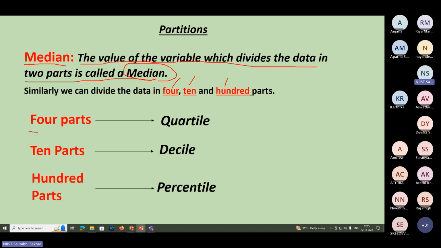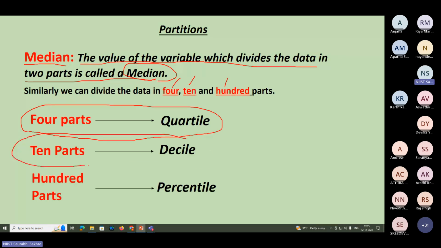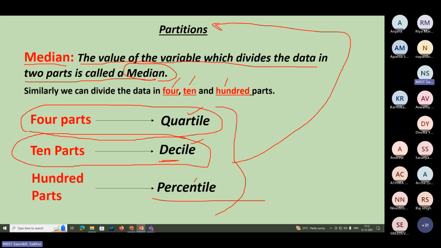If I'm dividing it in 4 parts, it is quartile. If I'm dividing it in 10 parts, it is decile. And if I'm dividing it in 100 parts, it is percentile. Quartile, decile, and percentile are collectively known as partitions.